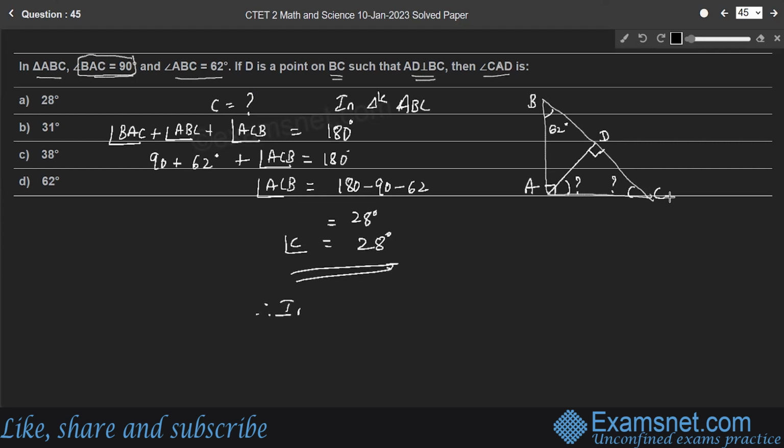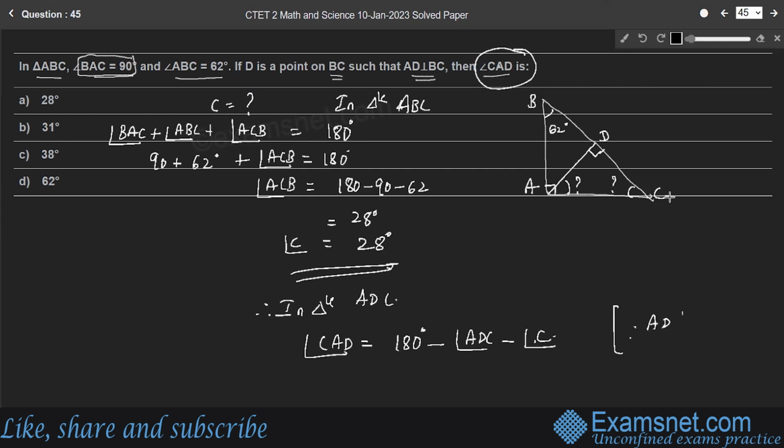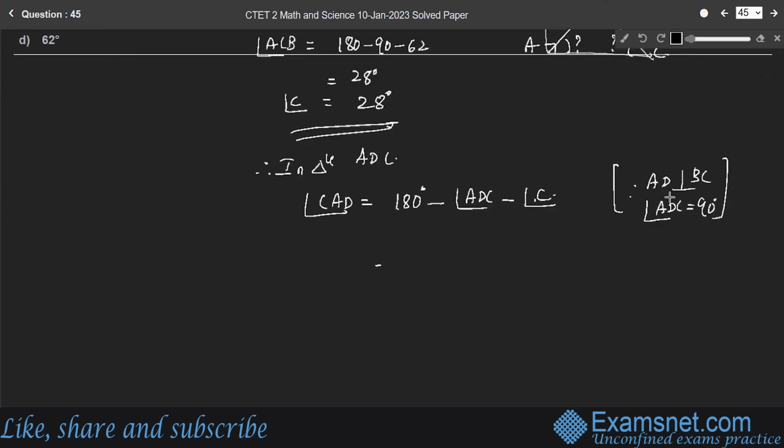Therefore, in triangle ADC, we need to find CAD. So angle CAD is equal to 180 degrees minus the sum of the remaining angles, so 180 degrees minus angle ADC minus angle ACD, or angle C. Since AD is perpendicular to BC, angle ADC is 90 degrees.